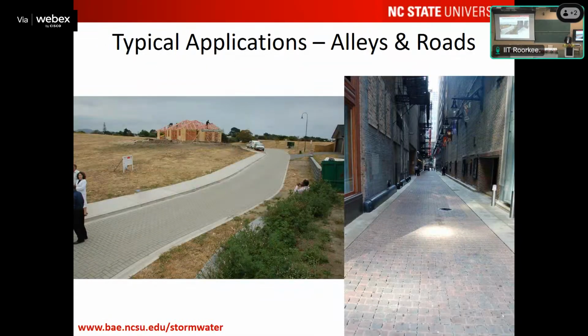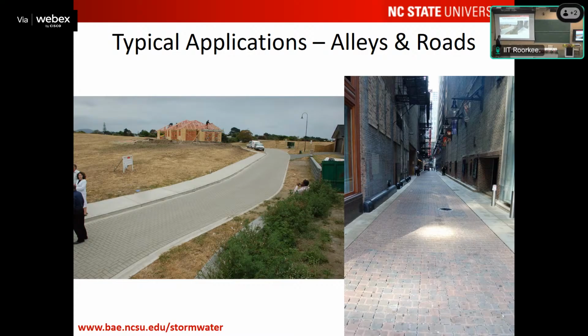Alleyways, absolutely. On the right here, that's in Chicago. Chicago is the third largest city in the United States. It's probably a medium-sized city for you, 3 million, 4 million people. In the United States, it's our third largest city. And that's an alleyway right through the heart of the theater district, all right?